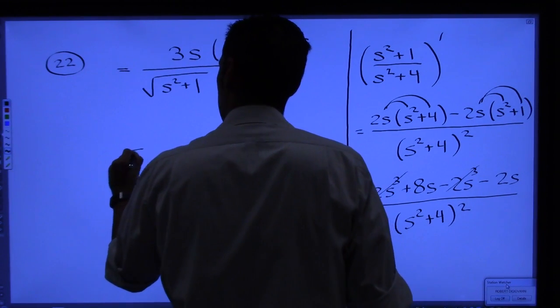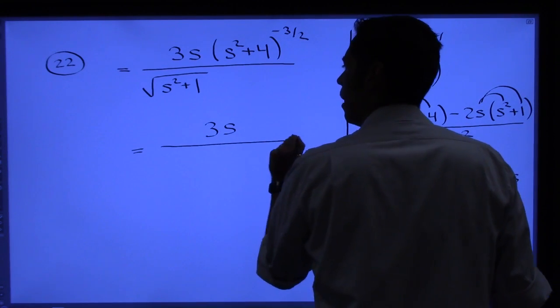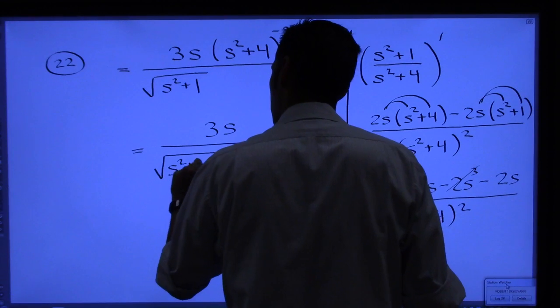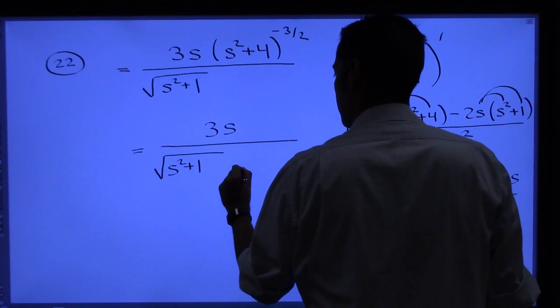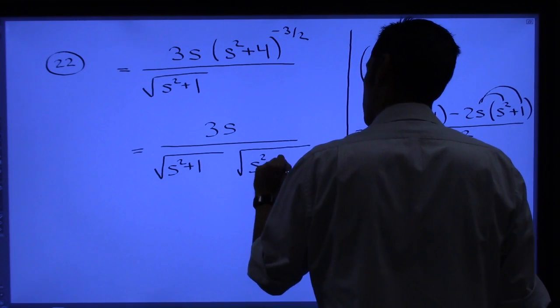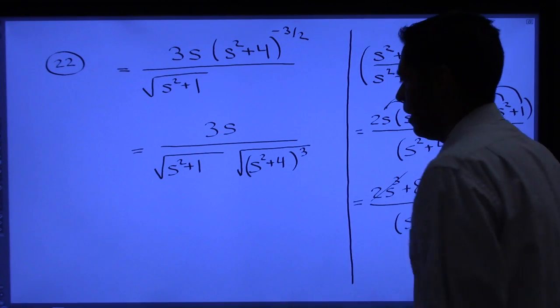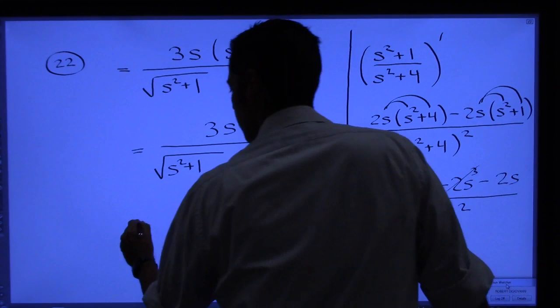So we should get 3s, and then I have square root of s squared plus 1. And then when I drop that down, it becomes positive, but remember, it's really square root of (s squared plus 4) cubed. And I'm taking the square root of something cubed, so one of those should pop out.